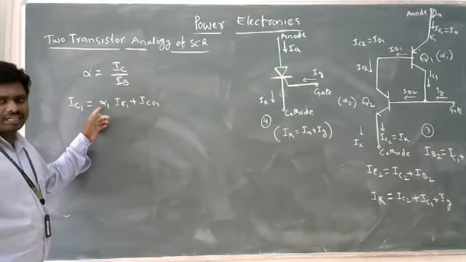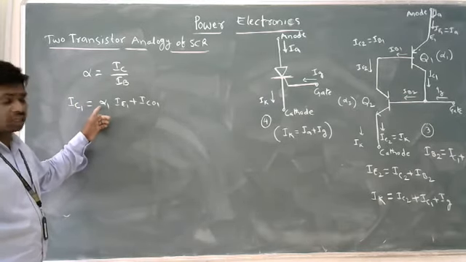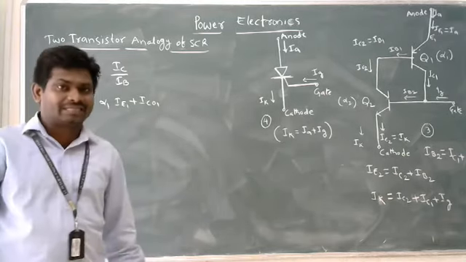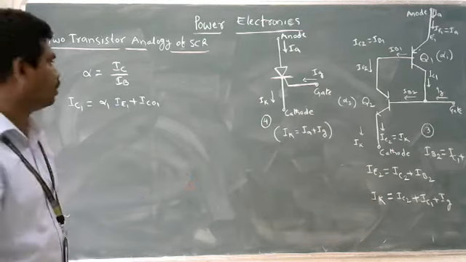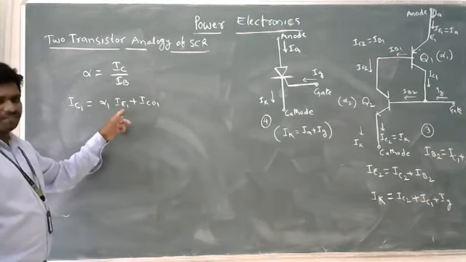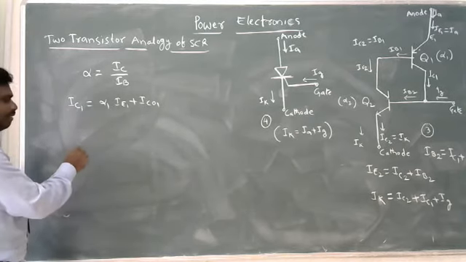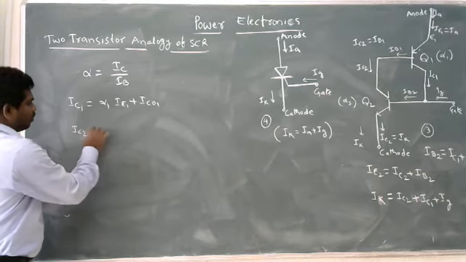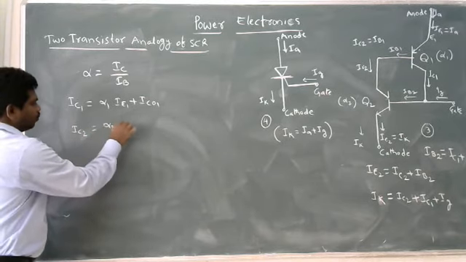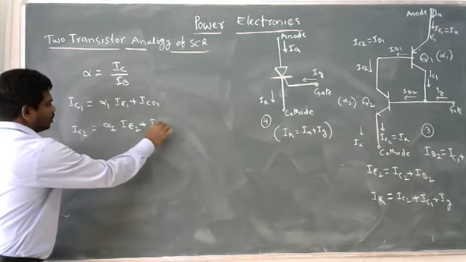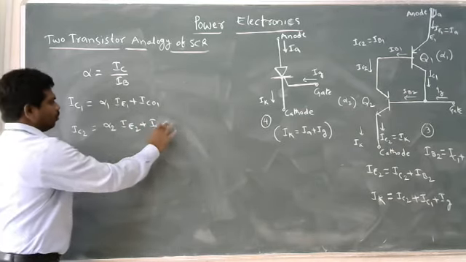This alpha 1 is nothing but the current gain of transistor Q1, and ICO1 is the collector leakage current when the operation is going on. So we are writing the collector equation in terms of these factors. I apply the same thing for Q2 and get the equation IC2 is equal to alpha 2 IE2 plus ICO2.